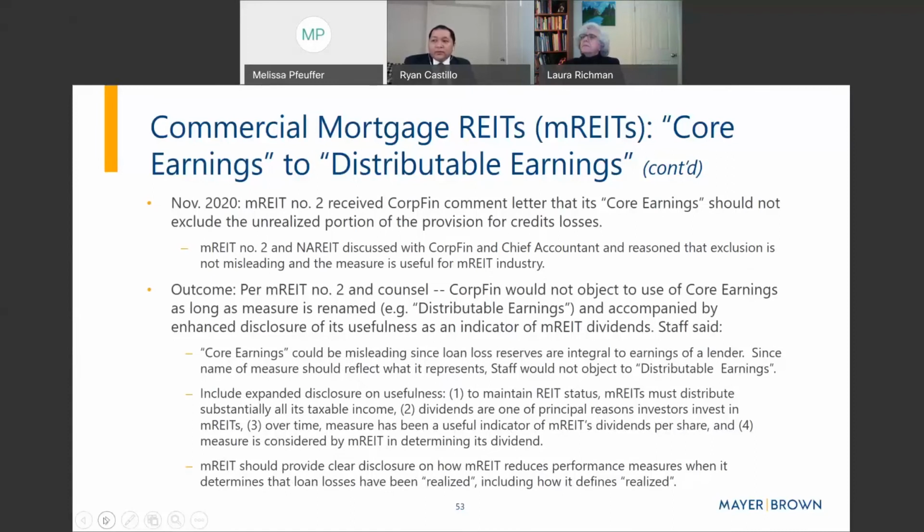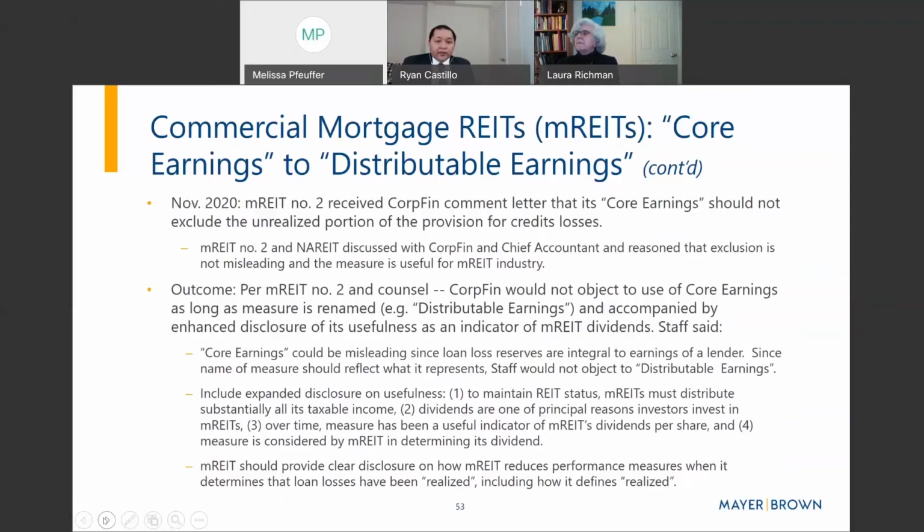So last November, REIT number 2 received the same comment from CorpFin. Don't adjust core earnings to exclude the unrealized portion of the provision for credit losses. And this time around, the company, along with the National Association of REITs, or NAREIT, engaged in discussions and made their case with CorpFin.